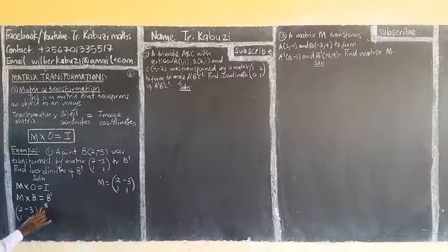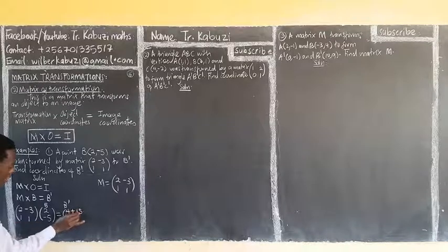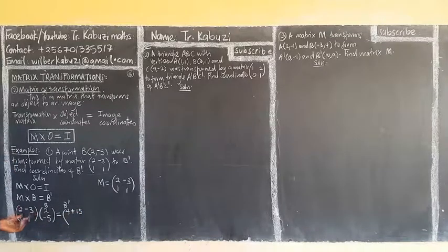So this is my B, which is 2, negative 5. I'll get B prime when I multiply. So how do we multiply matrices? Say this times this, we get 4, then plus this times this, we get 15. So that's all. This row multiplies this column, and that's all.